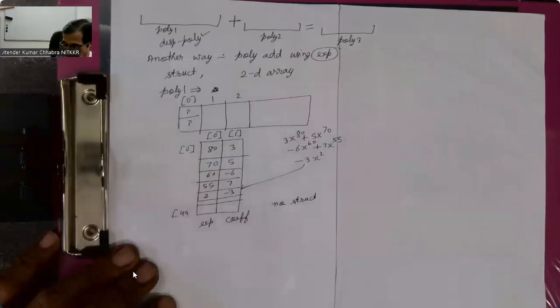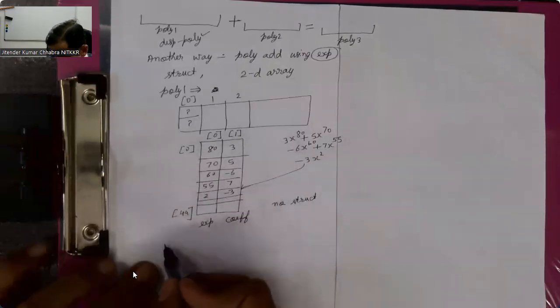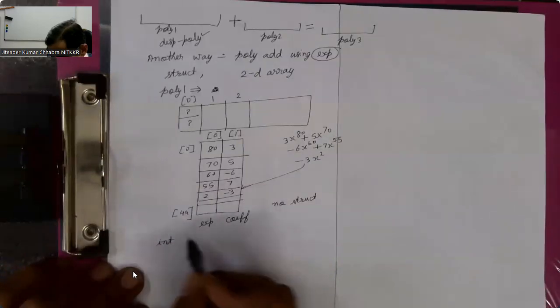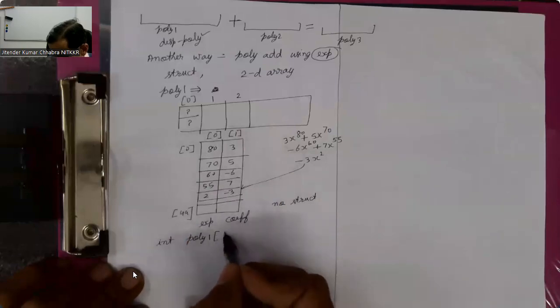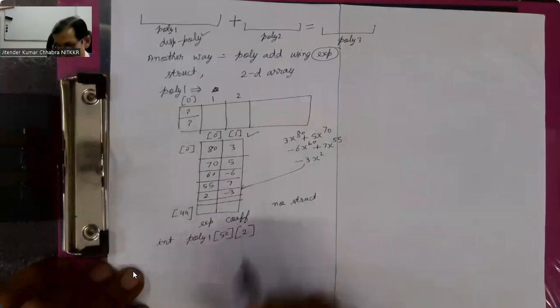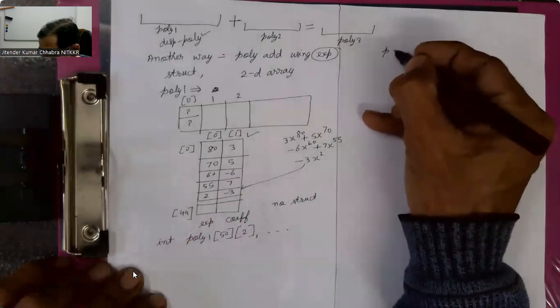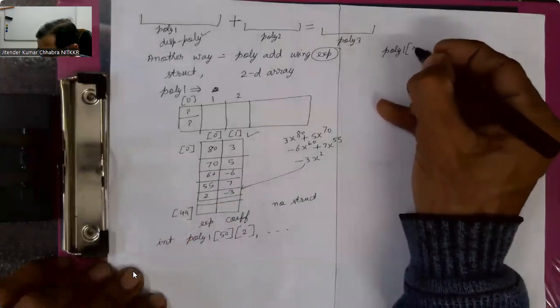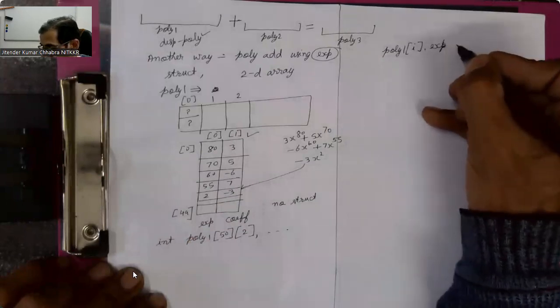So I have to implicitly use a 2D array. As seen above, I will declare it as int poly 1. Poly 1 has 50 rows and 2 columns. Similarly, poly 2, poly 3. Having said that, earlier I used poly 1 i dot exponent. What is this equal to?